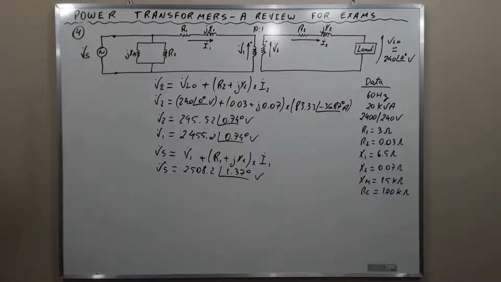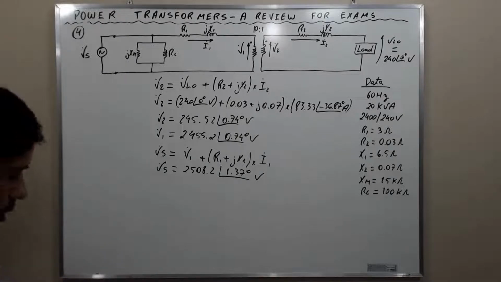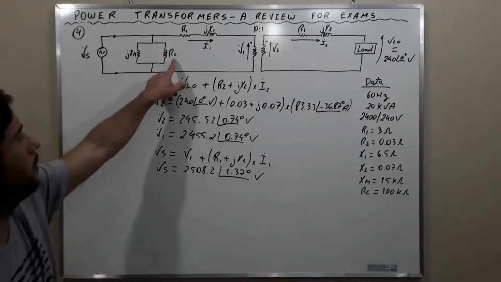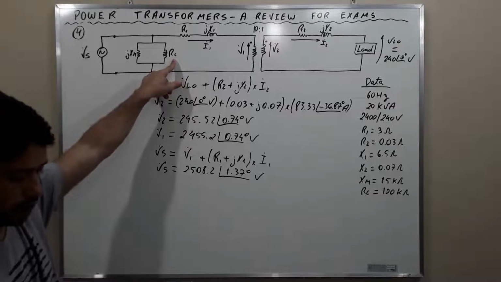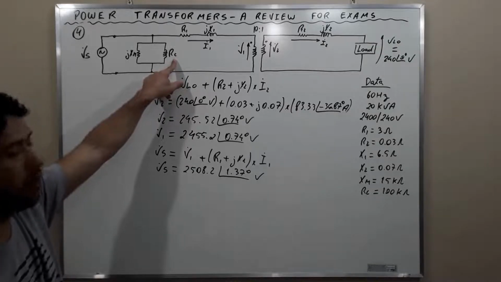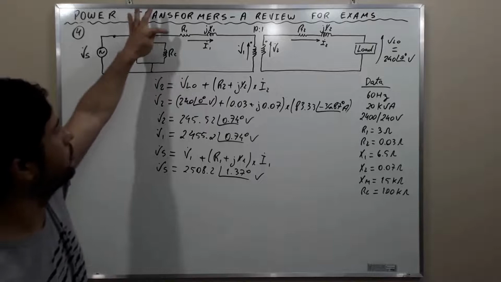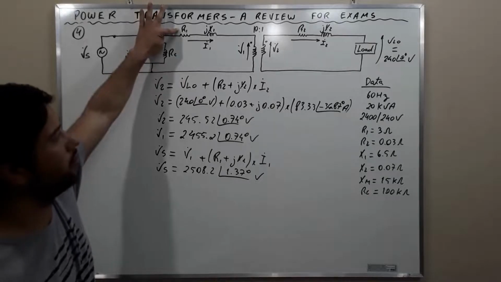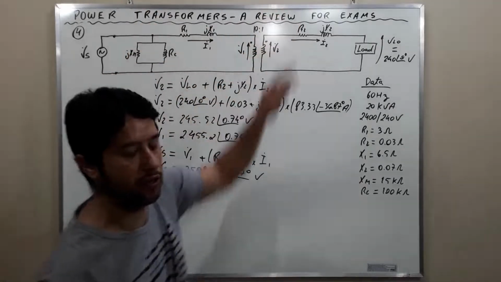Subsequently, we compute the losses. The power loss within the transformer can be found as where we lose power. We lose power in this resistance, and in this resistance, and in this resistance.